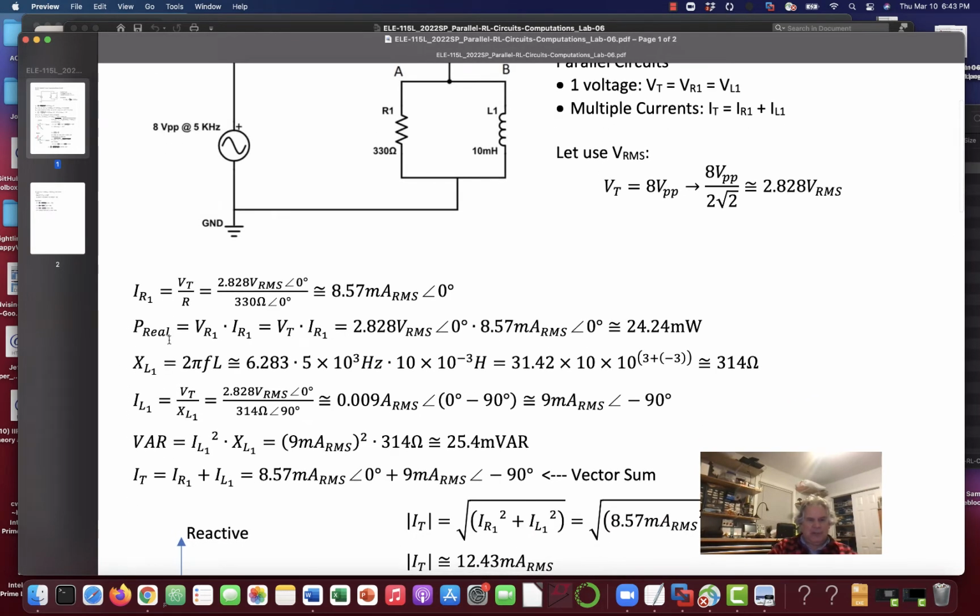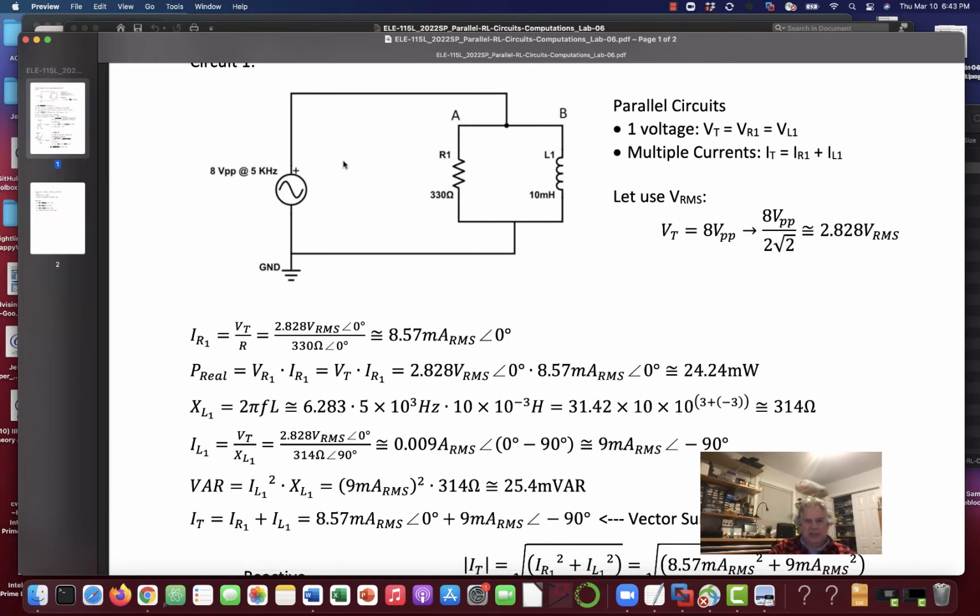Now our real power is only the power dissipated in the resistor. If this is a pure inductor, which it supposedly is here, then no power will be dissipated in the inductor. So P real is equal to VR1 times IR1, and as we've already said, VR1 is essentially V total. We used it up here, right? So VR1 is, not essentially, it is V total.